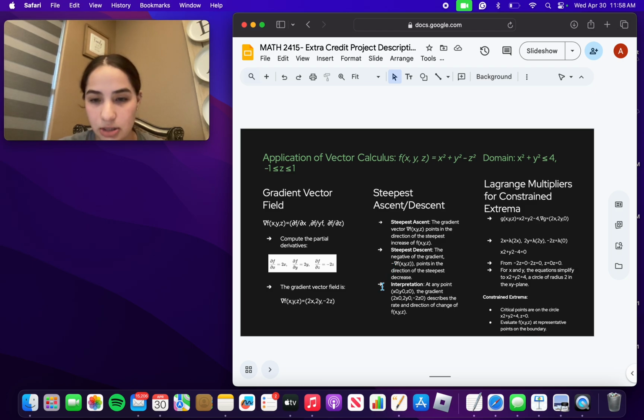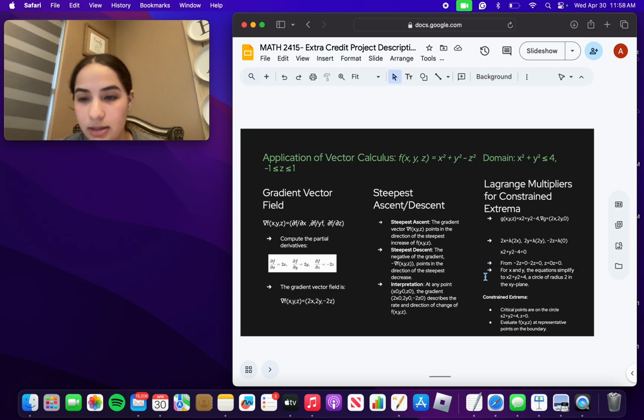The interpretation basically was that at any point (x0, y0, z0), the gradient (2x0, 2y0, -2z0) describes the rate and direction of change of the function f(x, y, z). Then I went ahead and did the Lagrange multipliers for the extrema and got these values.